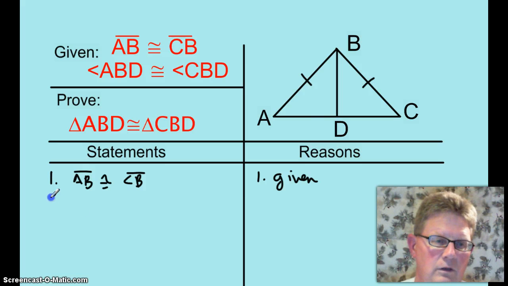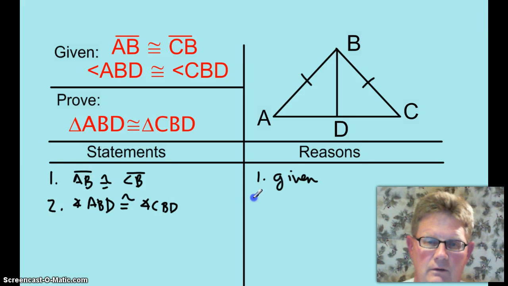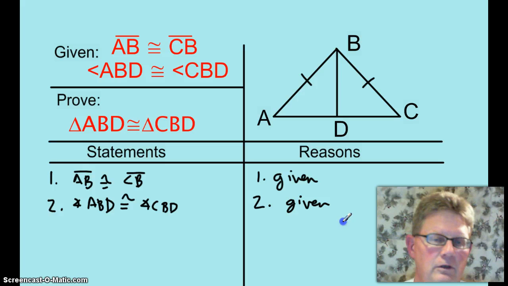And now we're given that angle ABD is congruent to angle CBD. If you really wanted to put those givens in one statement, you could probably do that too. We'll mark those angles congruent to each other.